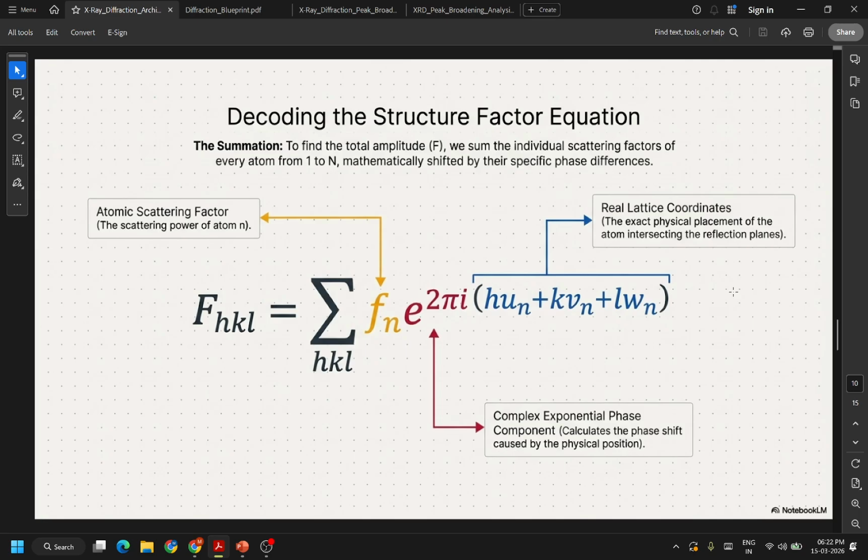And this is added to the exponential e to the power 2 pi i, which is the component that calculates the phase shift caused by the physical position of the atom, and then f_n is the individual scattering factor, atomic scattering factor of an atom n. Summing over all atoms for a particular HKL value gives us F_HKL.